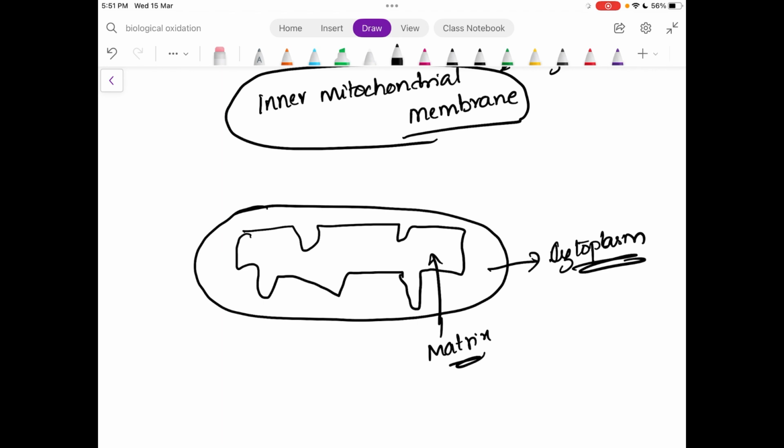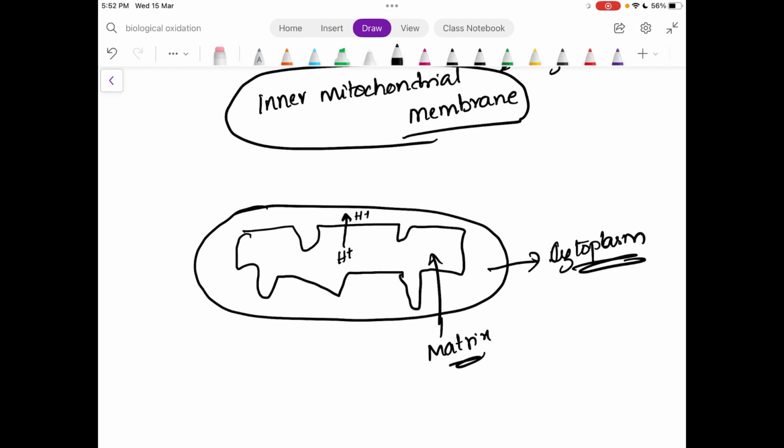Here the movement of H plus ions takes place whenever an electron moves through complex 1, complex 3 and complex 4. Complex 2 doesn't pump hydrogen ions or protons. These hydrogen ions are pumped from the matrix side to the cytoplasmic side.